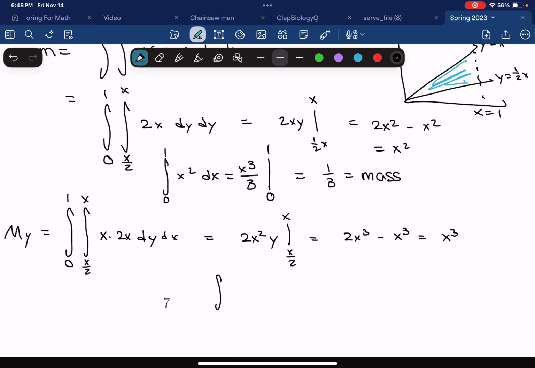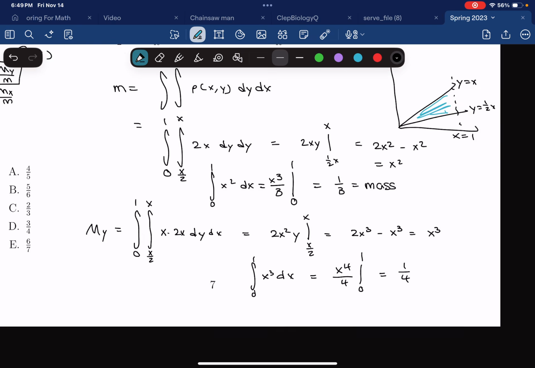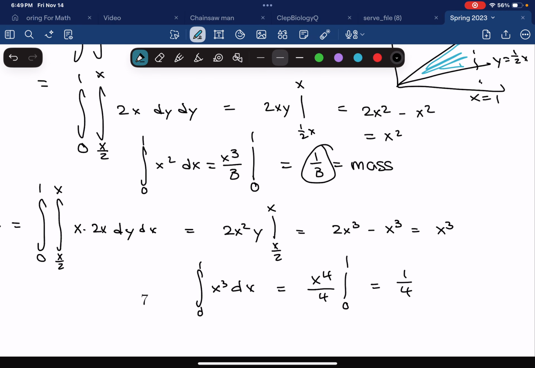And then from 0 to 1, oopsie daisy, oh my lord, from x cubed dx, we get x to the 4th over 4 from 0 to 1, which returns 1/4. Okay, so now we have our mass is equal to 1/3, our my is equal to 1/4.